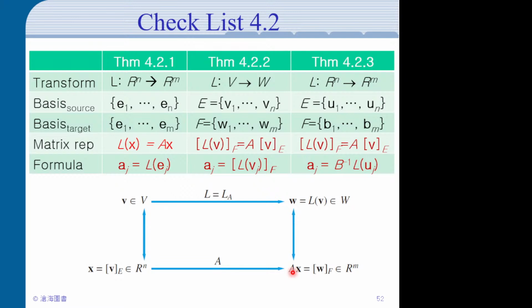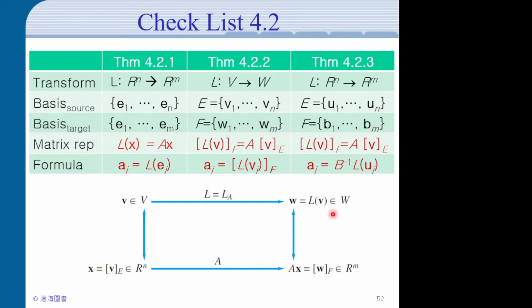Okay, so 4.2 is actually the most general thing, but then we specialize it a little bit to V and W being Rn and Rn. This is still a little different from 4.2.1 because we change the basis. So we still have V and W equal to Rn and Rn, but with different bases, U1 to Un and B1 to Bn.